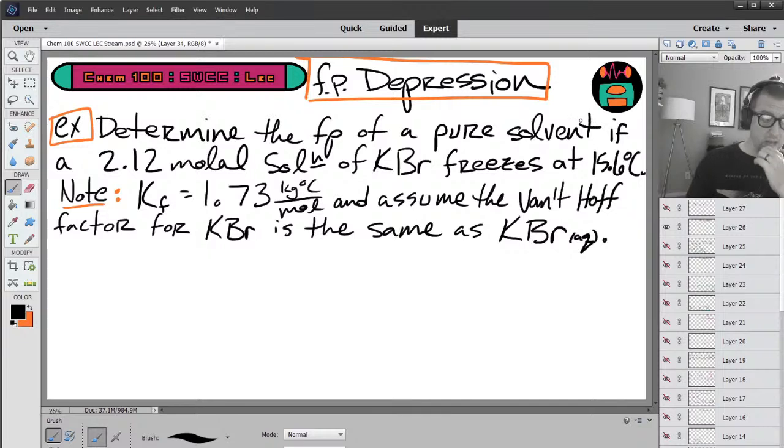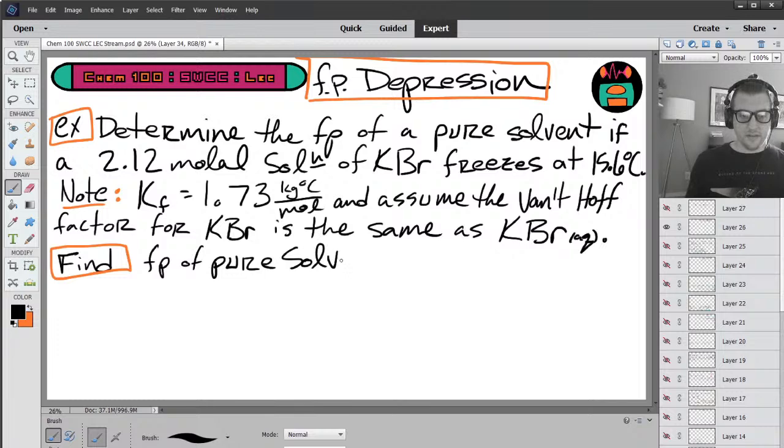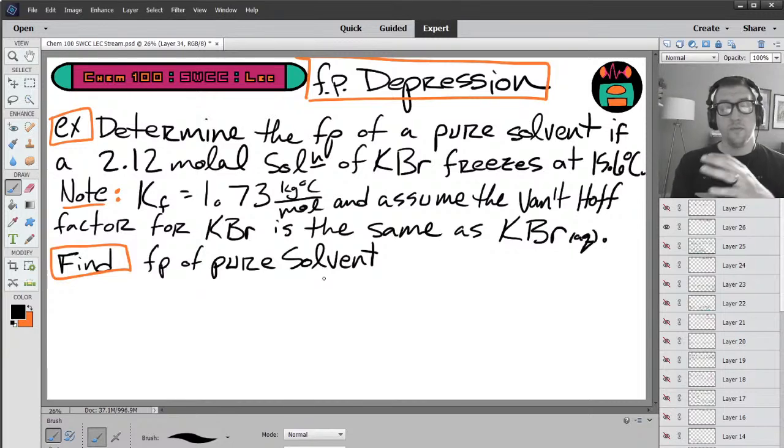All right. So let's do this. First, what are we trying to find? We're trying to find the freezing point of the pure solvent. All right.